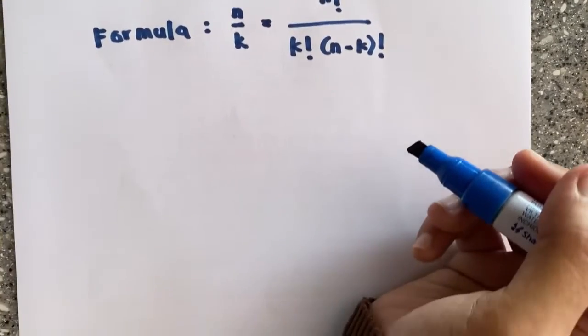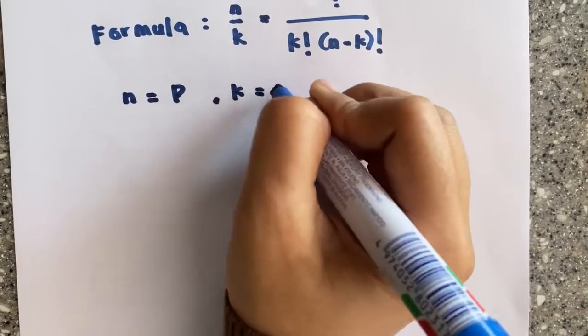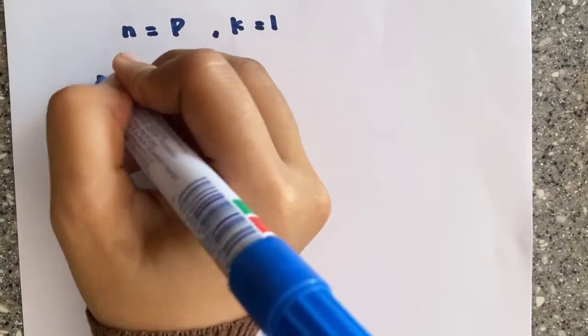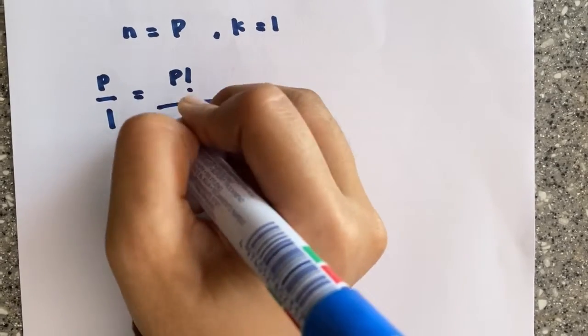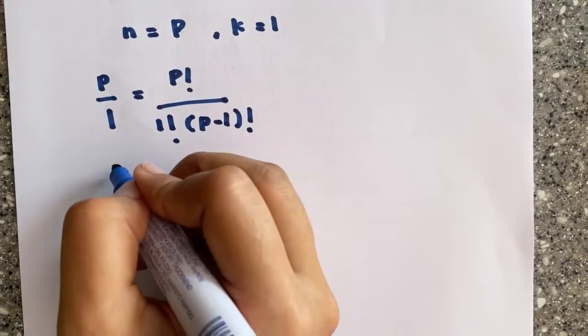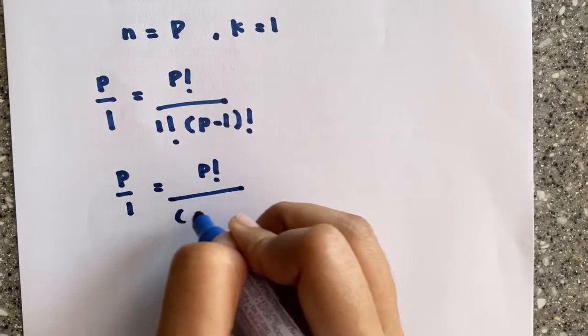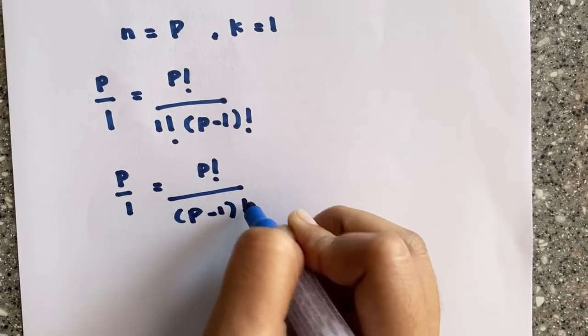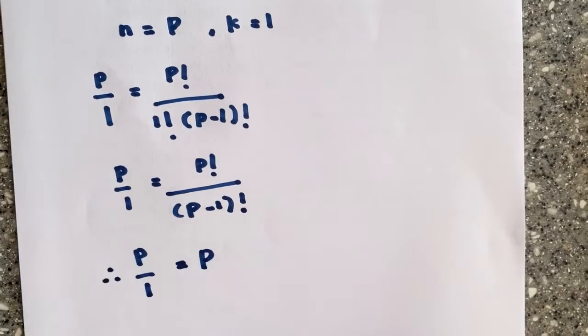From this question, we get n equal to p and k equal to 1. So p choose 1 equal to p factorial divided by 1 factorial times p minus 1 factorial. So we get p choose 1 equal to p factorial divided by p minus 1 factorial. The answer we get is p choose 1 is equal to p.